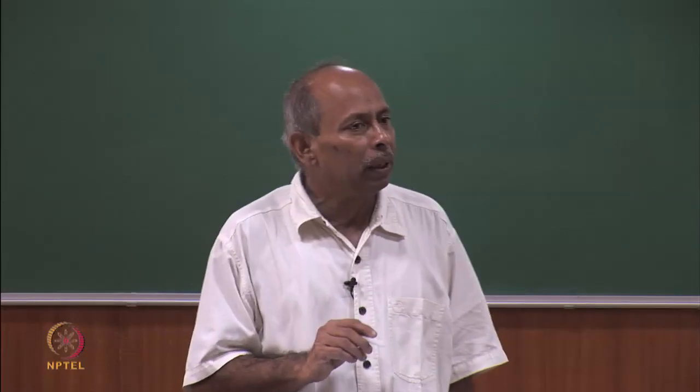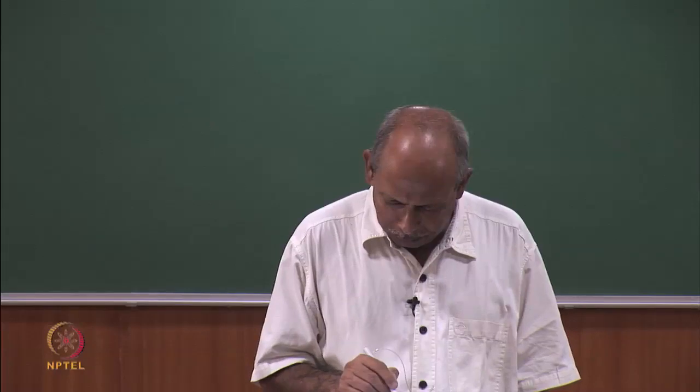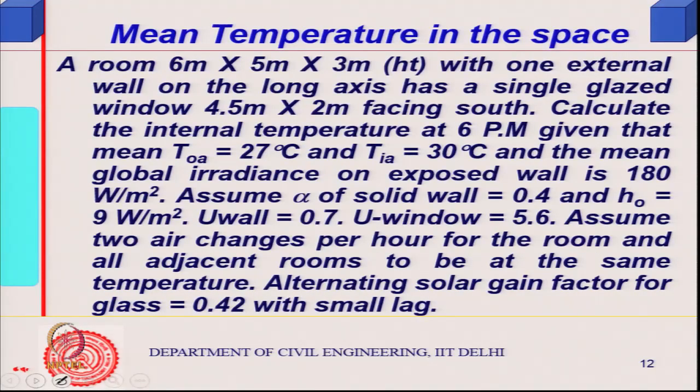So, this is how we can calculate the inside temperature of a room, and let us solve an example problem. Maybe mean temperature we looked into last time. Now, let us look into the problem, same room we continue to see with one external wall, etc., all remains the same. Now, what we are saying is calculate the internal temperature at 6 p.m., given that mean TOA is 27, that is outside, earlier also it was there, and TIA is 30.